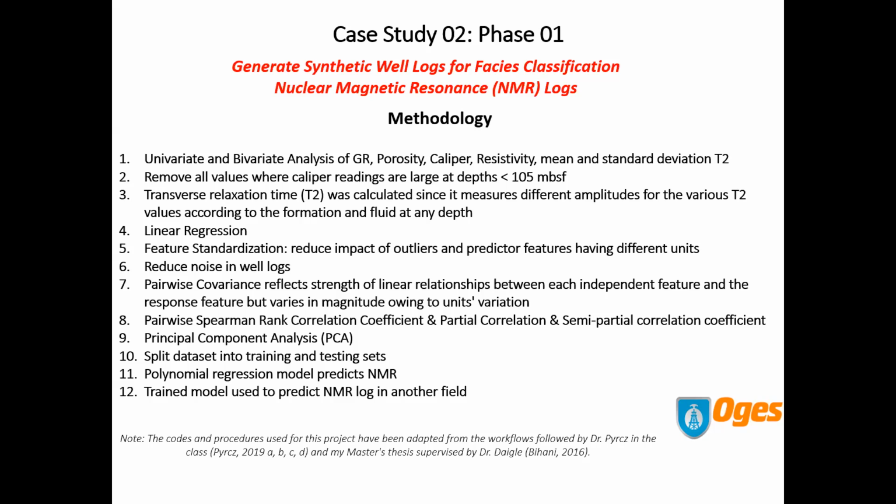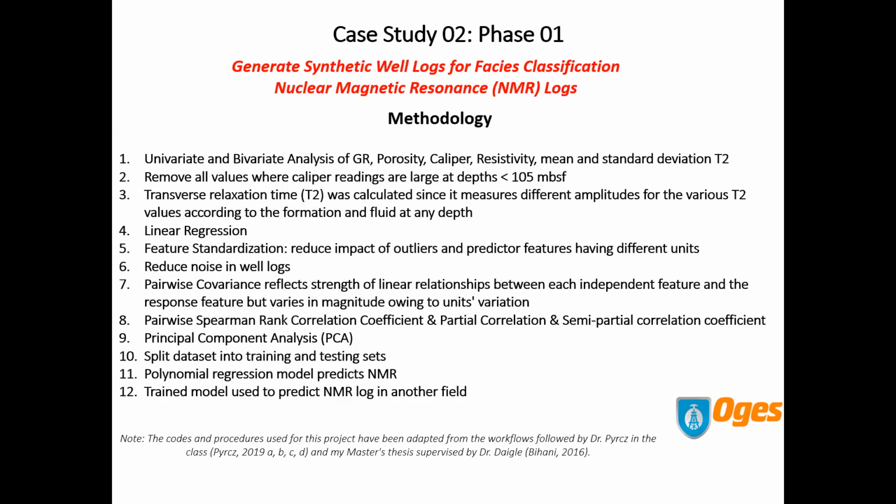The project tried to predict a missing well log from other available well logs using machine learning tools. More specifically, for the NMR well log, we could look at gamma ray logs, caliper logs, resistivity logs, and the interpreted porosity from one well at one field. And the constructed model would then be used to predict the NMR log at another field, which doesn't actually have an NMR log in a particular field or even a particular well bore.